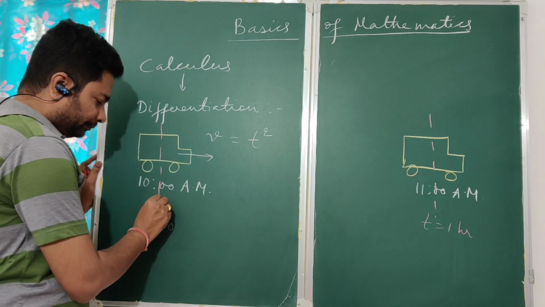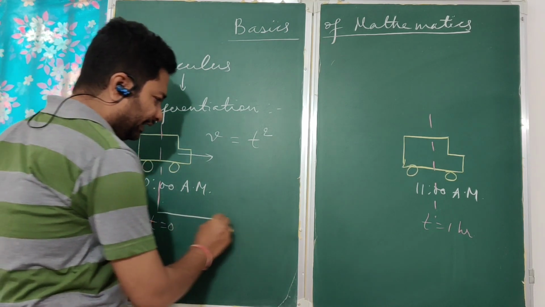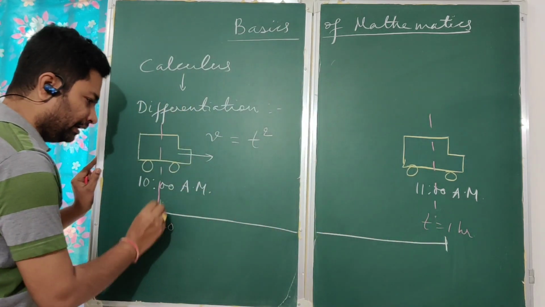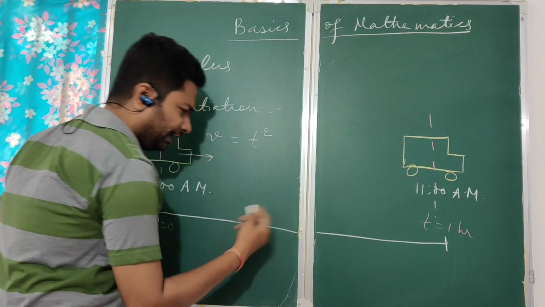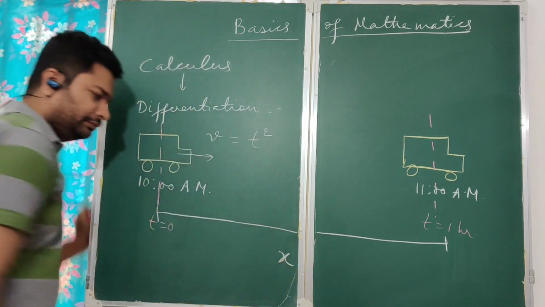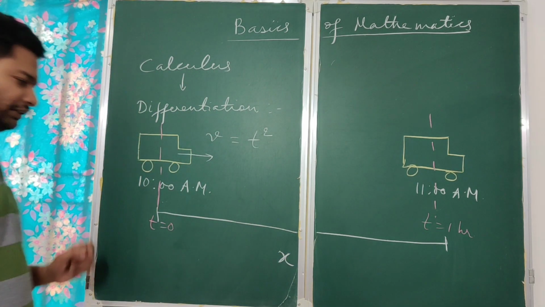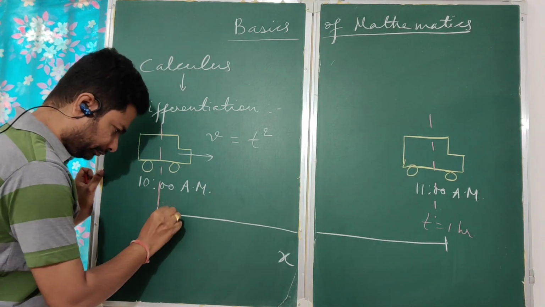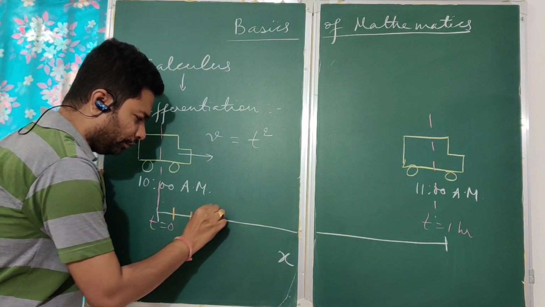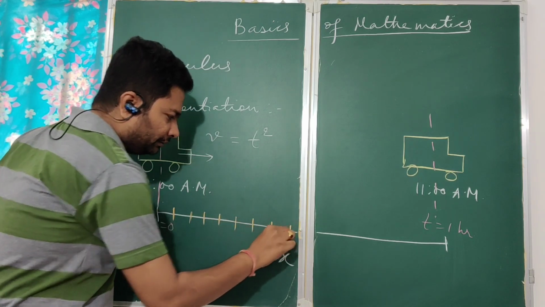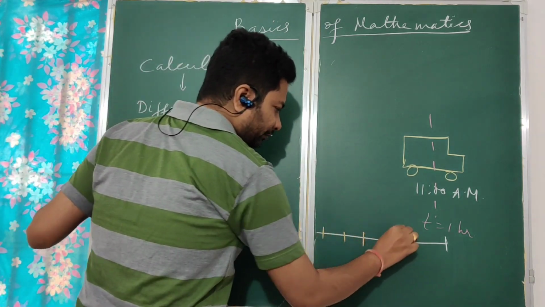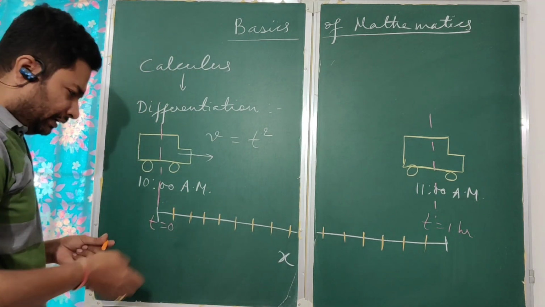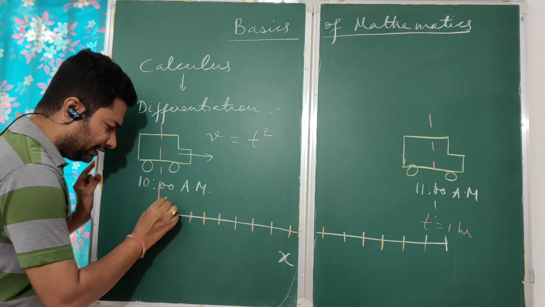So let us say you divide this entire stretch, and let us say the total distance travelled is some x. Now this total distance can be divided into different parts. We can divide it into very, very small intervals like this, and each interval is, let us say, dx.